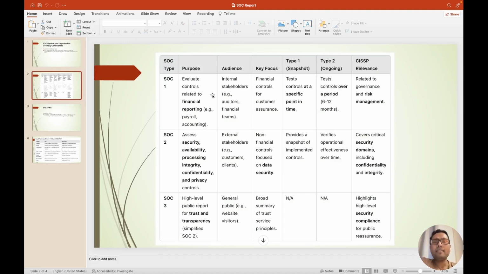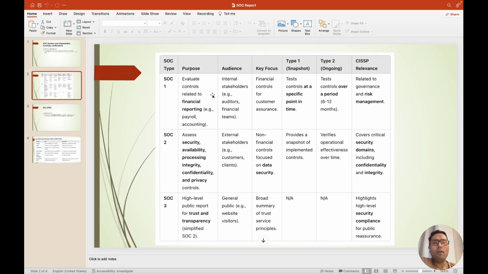So we can find three types of SOC: SOC 1, SOC 2 and SOC 3. So what is the difference? SOC 1, just to remind you, is all about financial reporting. That means payroll, accounts, anything related to payment and finance comes under the SOC 1 report. What about SOC 2?